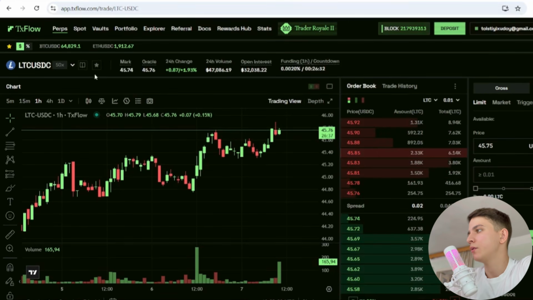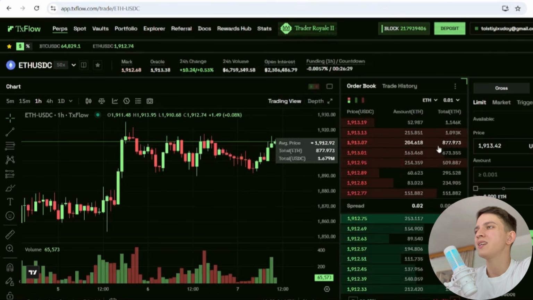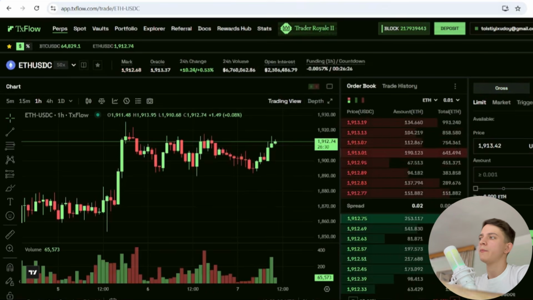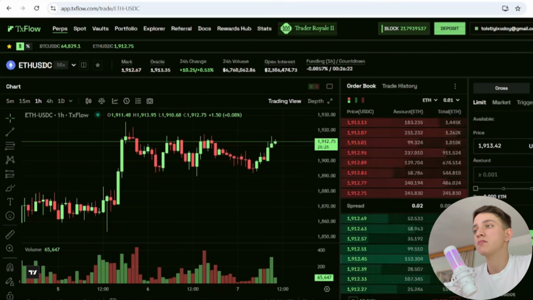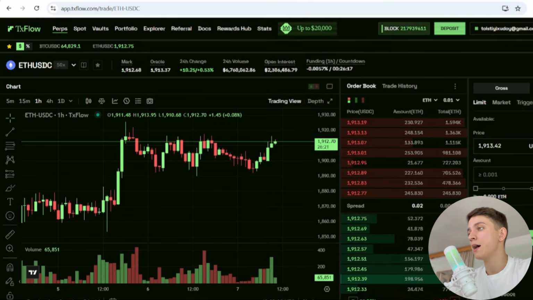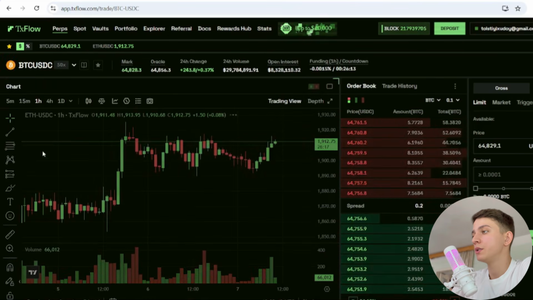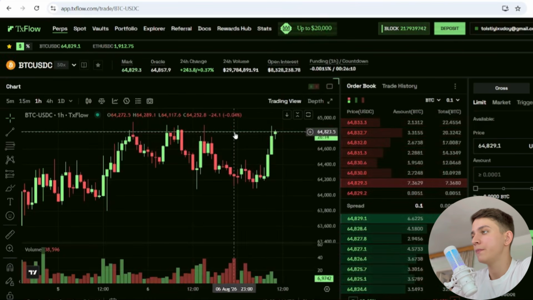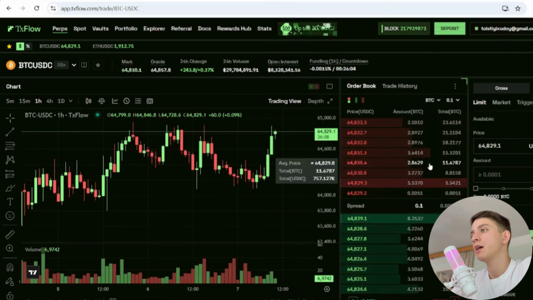And also you can change this one, for example Ethereum. So with just Bitcoin decreasing or increasing a little bit, you can earn and make a profit with that. This is the standard basic stuff of futures trading, guys. And there, let's take a look at Bitcoin USDC, and I think it's going to go down a little bit, and with that you can make a profit. And this is so easy.